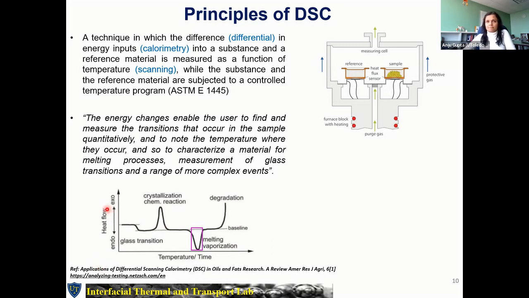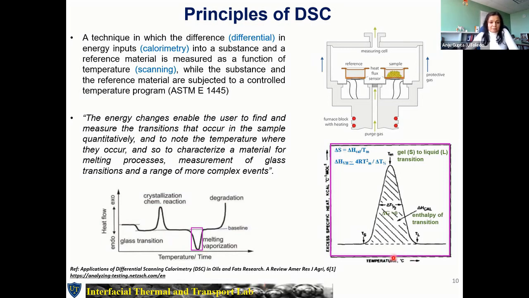On the x-axis, it gives you the temperature. And this is an example of DSC of polymers. It's from my advanced materials course. Here you see glass transitions, crystallization, and melting peaks that are specific to polymers.